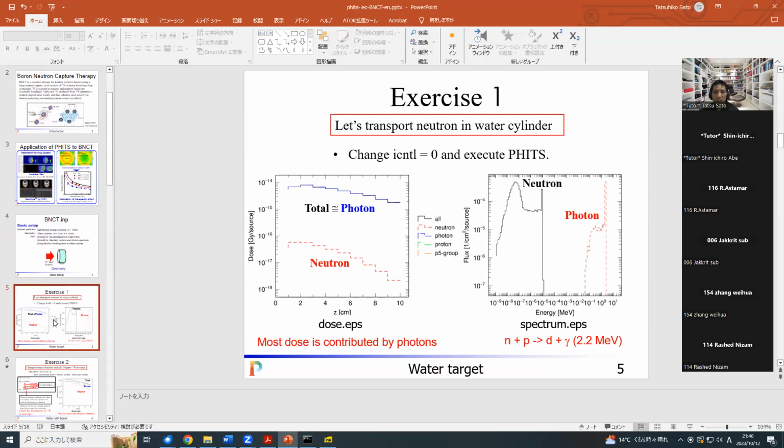Let's change ICNTL equals 0, execute FITS, and check the dose EPS and spectrum EPS. So let's run FITS by changing this.